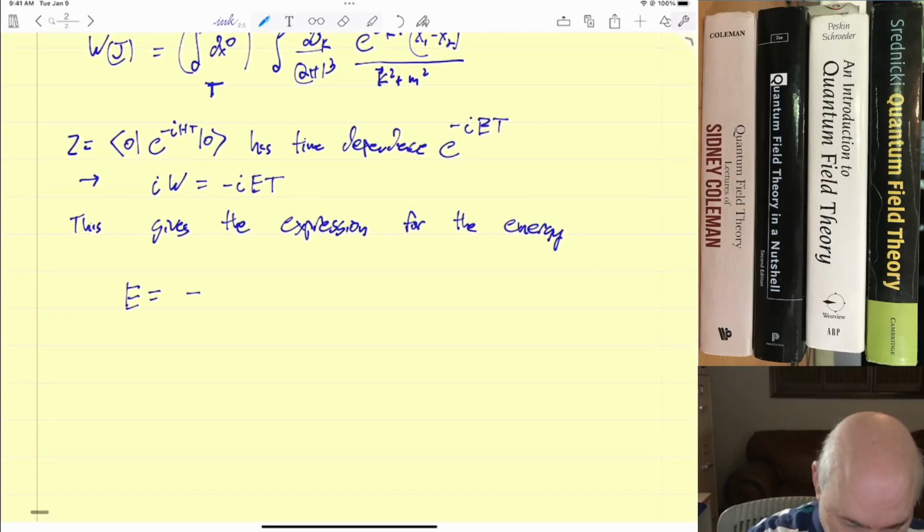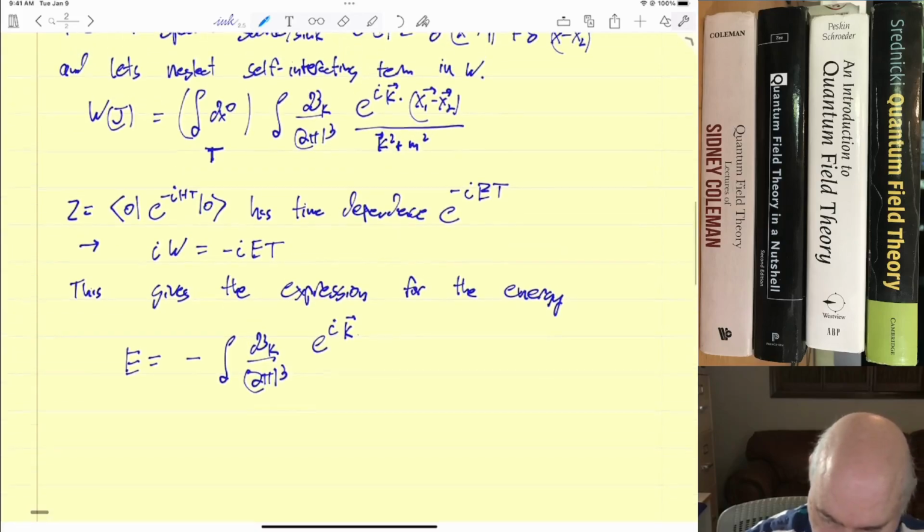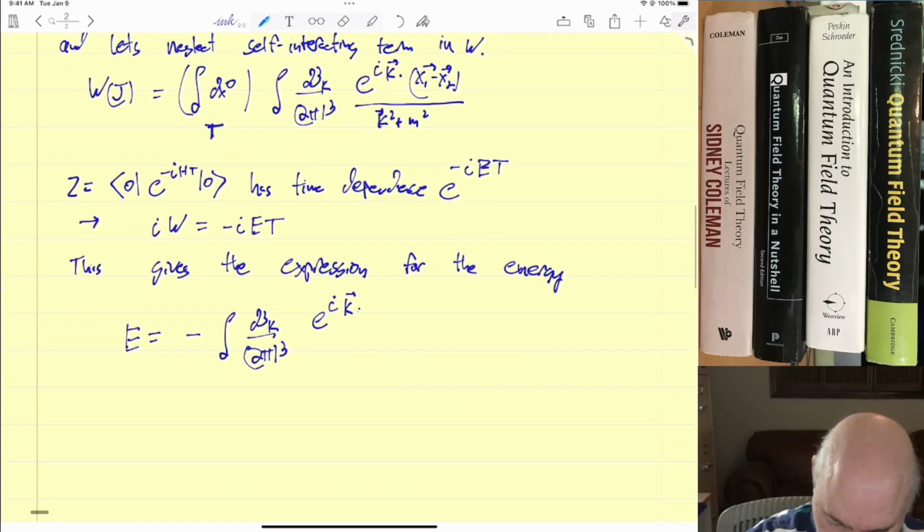E equals minus the integral d3k over 2 pi cubed e to the i k dot (x1 minus x2) over k squared plus m squared.